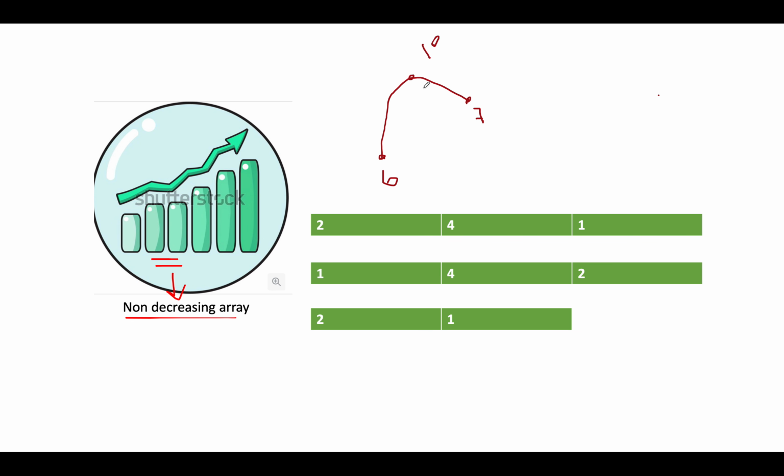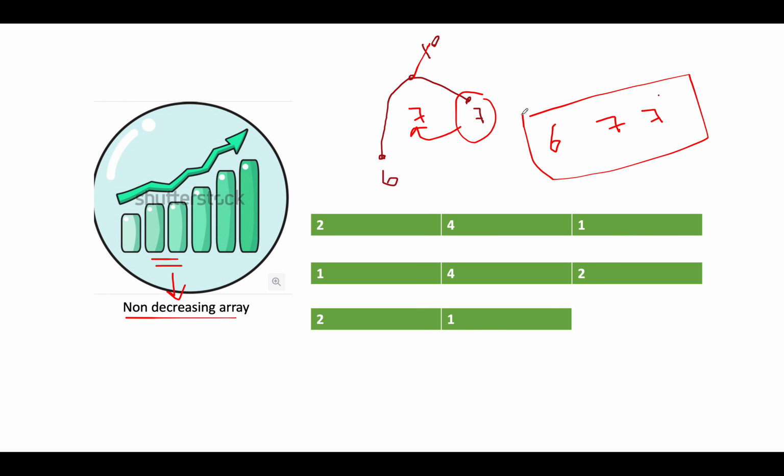We will update the value of 10 with that of 7. So we'll simply replace the value of 10 with that of 7, and we'll count it as one modification that we have done in the input array. The input array becomes something like this: 6, 7 and 7, which makes it non-decreasing, and we'll count it as one single modification. So let's understand a few more test cases here.